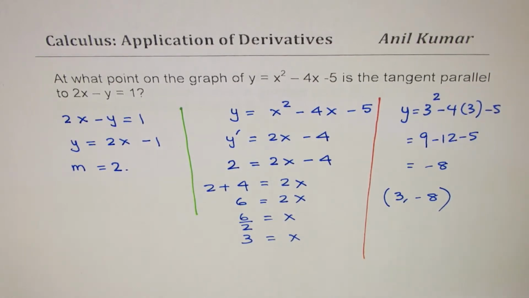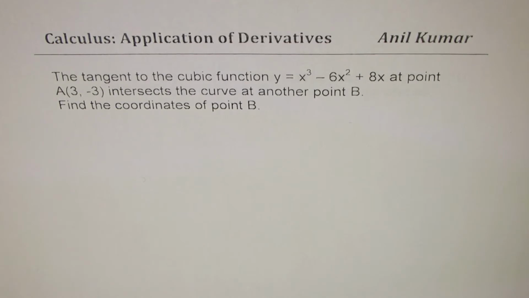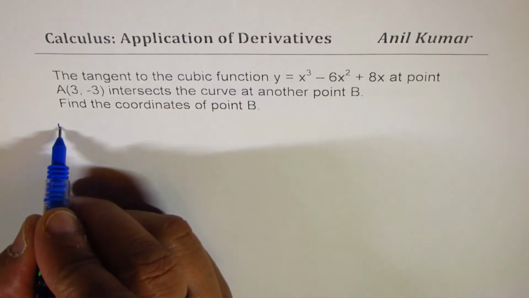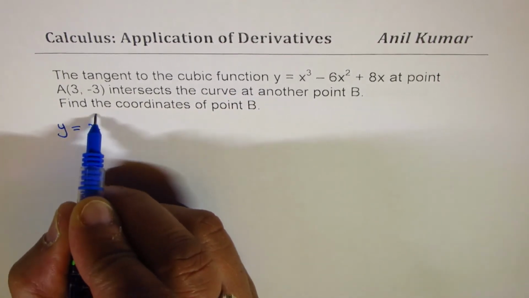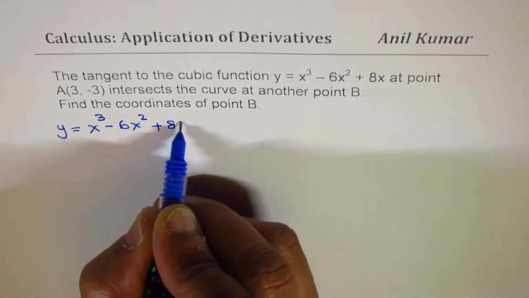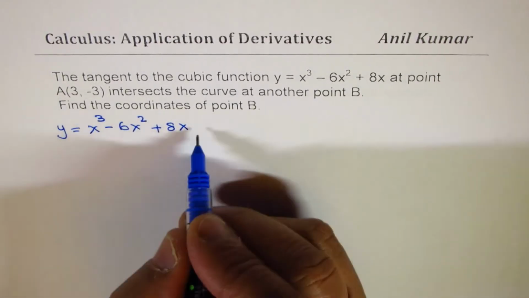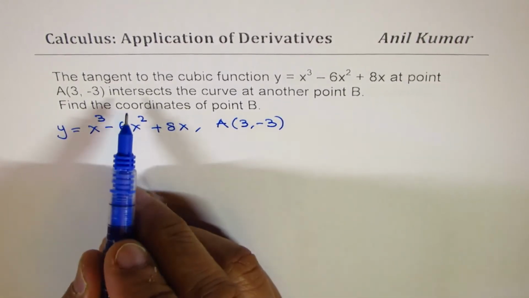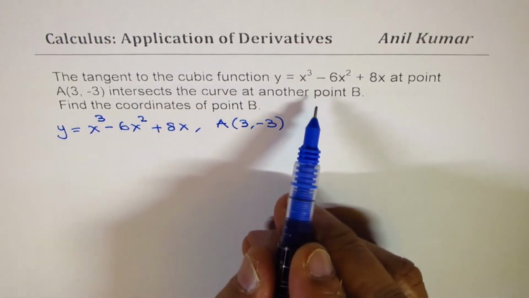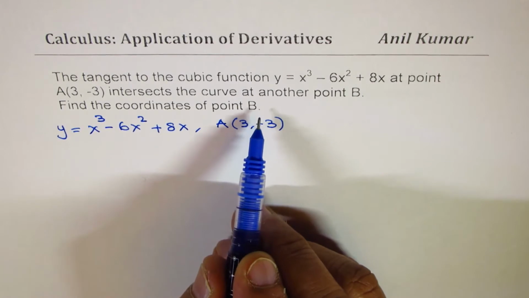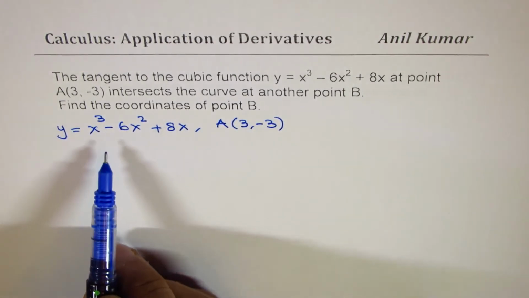I hope that helps. Now let's take up the next question, which is the tangent to the cubic function y equals x cubed minus 6x squared plus 8x at point A, which is given to us as (3, -3), intersects the curve at another point B. Find the coordinates of B. That really means that we need to find equation of tangent.